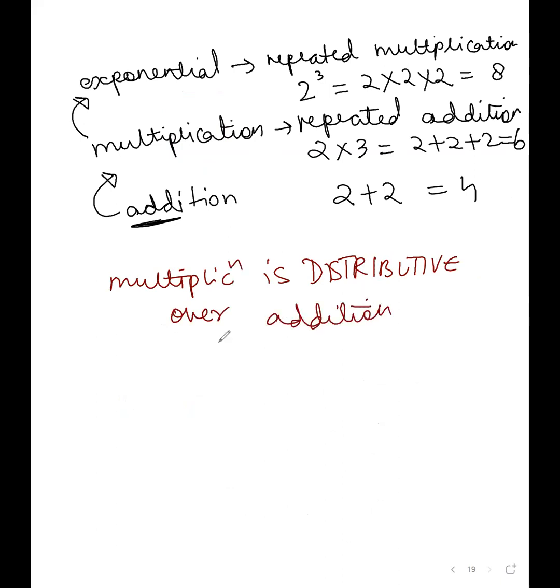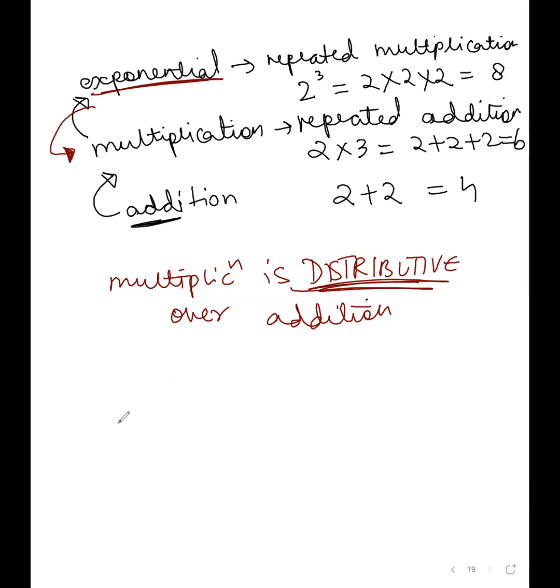And this exponential is distributive over multiplication only, not over anything else. Multiplication and division are sisters. So over multiplication, not over addition. Not over subtraction also. Exponential is distributive over multiplication and division. Okay, so what about subtraction? Not over subtraction.